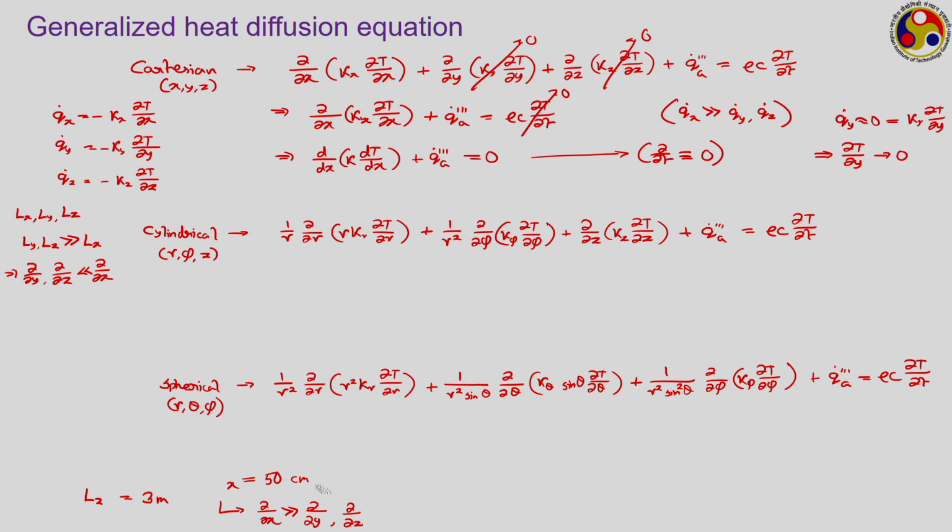So, if we erase this, just look at the cylindrical coordinate system. The general equation that we have, suppose we are talking about a situation where heat transmission in the radial direction is the only one of importance. Just think about a common scenario, we have a cylindrical rod, just a common rod or a pipe, which has a length of something like 10 meter, but its diameter is something like say 10 centimeter.